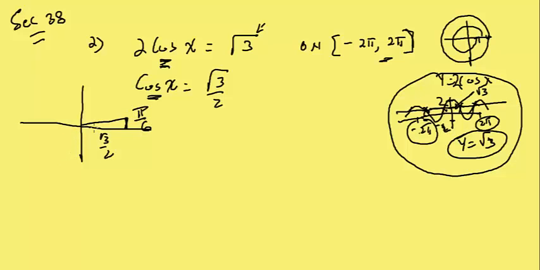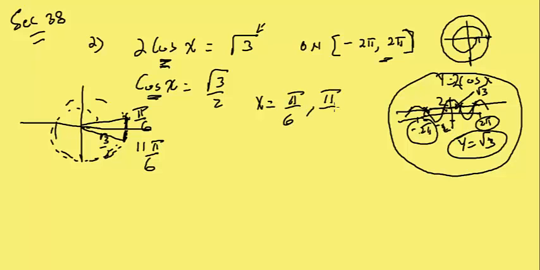And if you go all the way around, it's also rad 3 over 2 here, and that is 11 pi over 6. So those are 2 places. We started here and then went around. So so far we have x is equal to pi over 6 and 11 pi over 6.